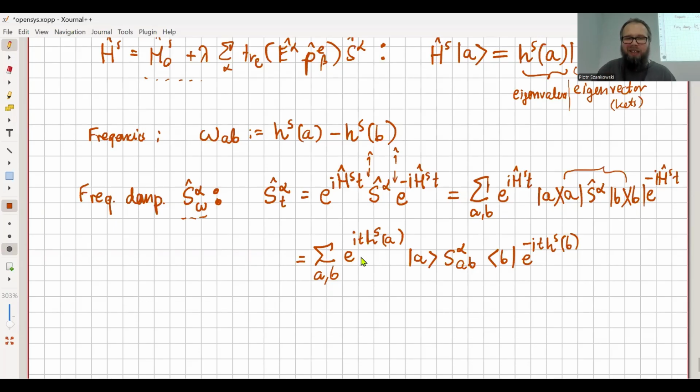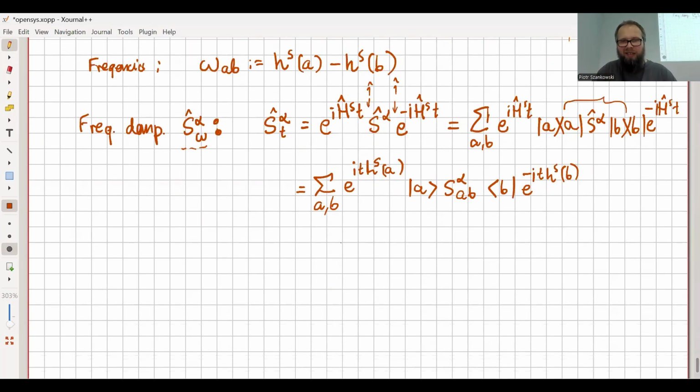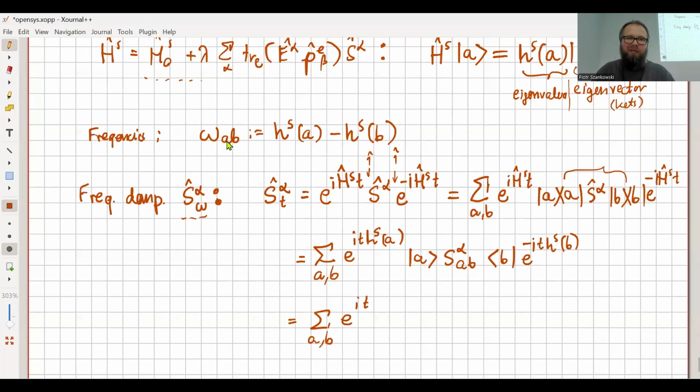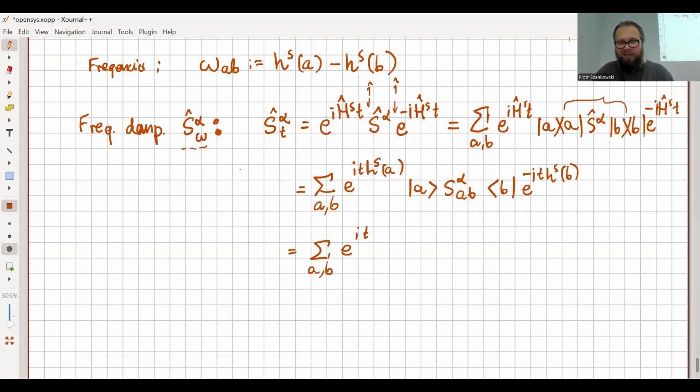Okay, now they are numbers. The exponents are numbers, and so we can collect them into one exponent, no problem with that. But if I do that, I get H_a minus H_b, but that's a frequency omega_ab. So I have here a time-dependent factor and then the operator.